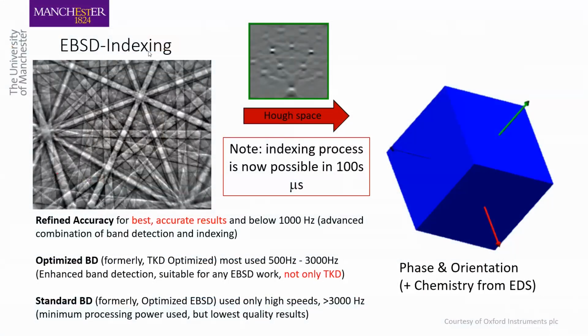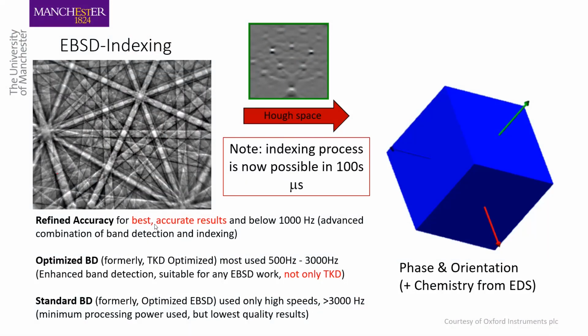So you can index the pattern using the Hough space, defining the bands and the different routines for this. And this is usually a very fast process. Although there is a limit to the band detection by the detector, the indexing can be quite fast, possibly hundreds of microseconds. So finding accuracy is one way to do the band detection and indexing, which is in the software.